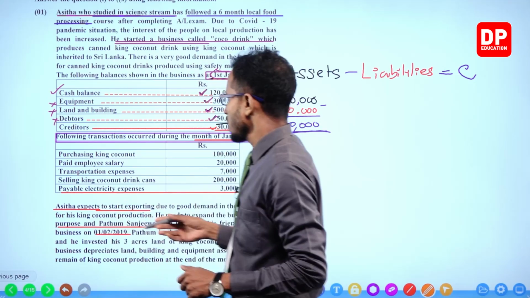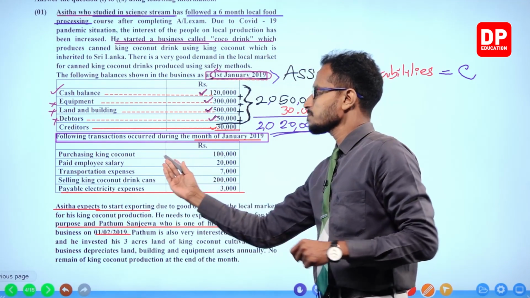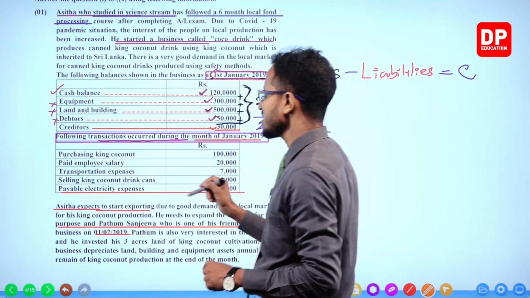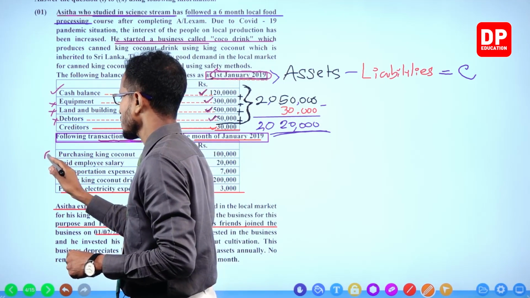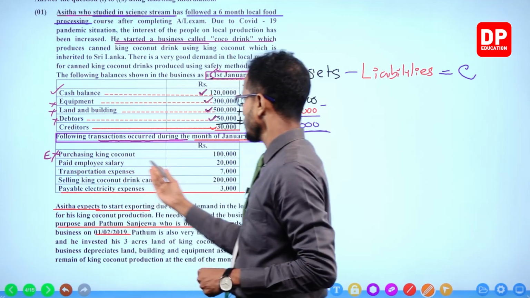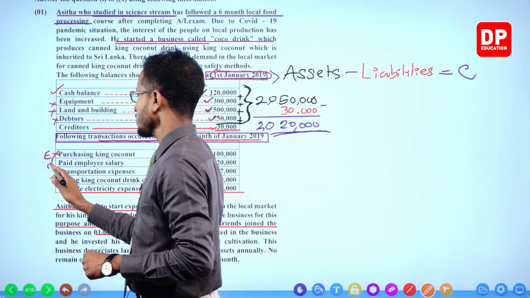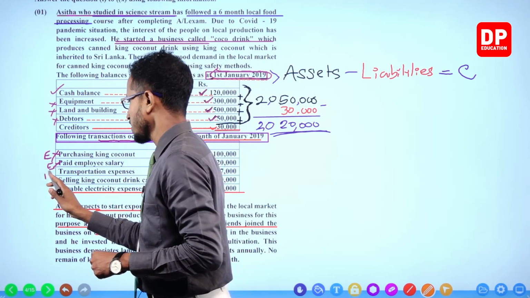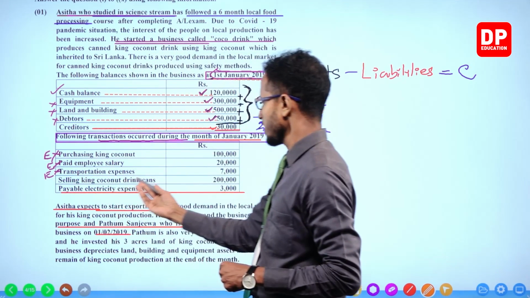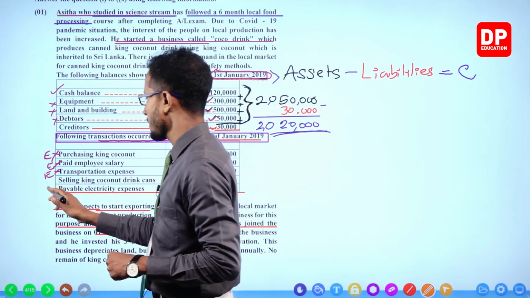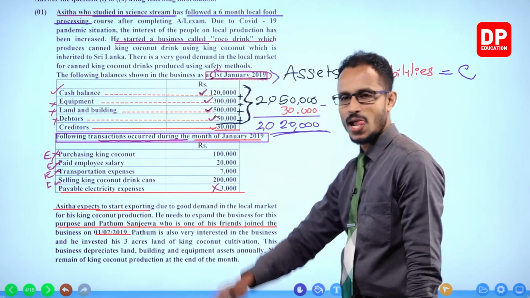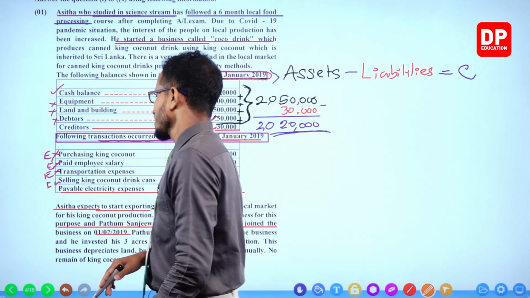For the cash book, purchasing king coconuts under the transactions is an expense. Paid employee salary, expense. Transportation, expense. Selling king coconuts, income. Payable electricity, no need, it's not paid.